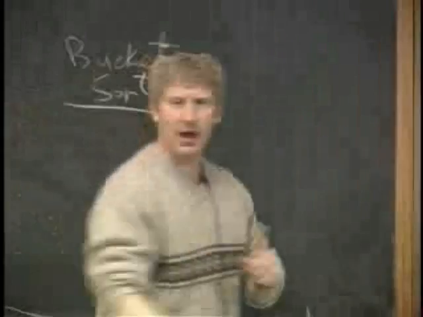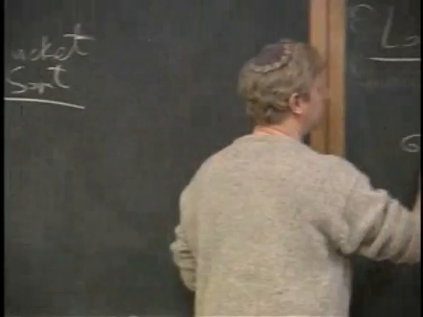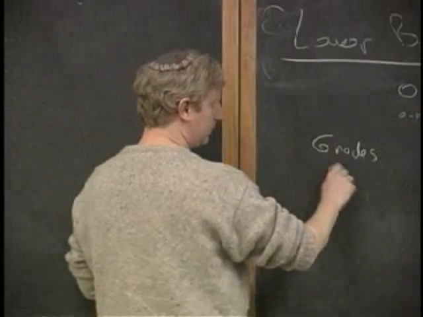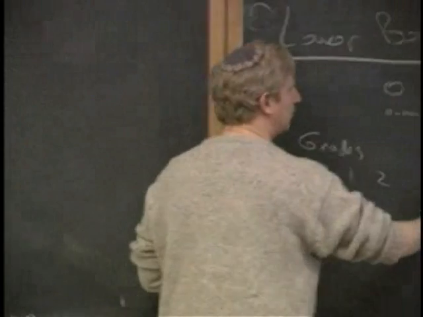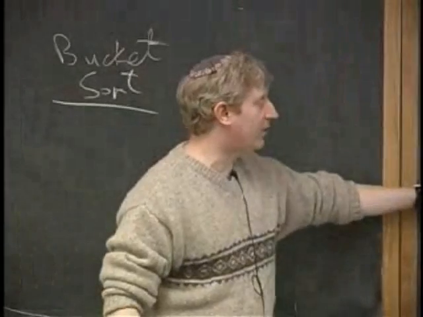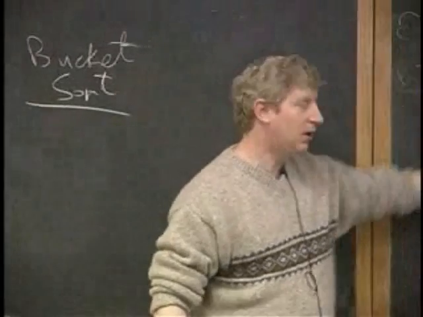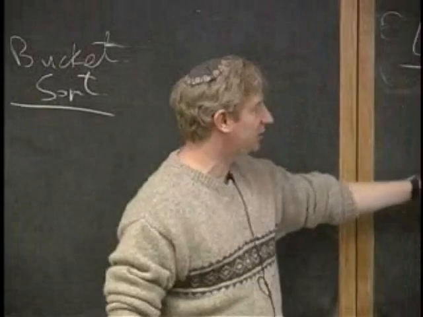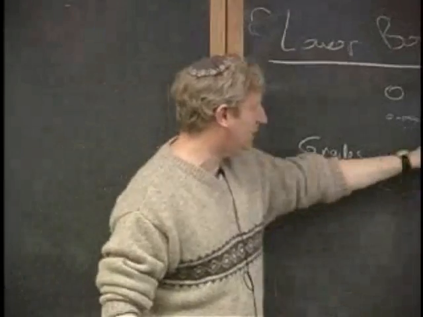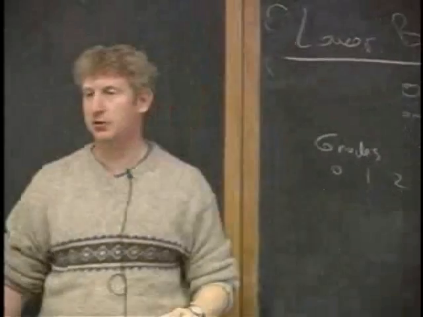And we're going to have an array like we did last time called grades. And grades is going to go from 0, 1, all the way up to 99. Grades of 0 represents any score that is between 0 and 1,000. Grades of 1 represents any score that's going to be between 1,000 and 2,000. Grades of 2 represents scores between 2,000 and 3,000.